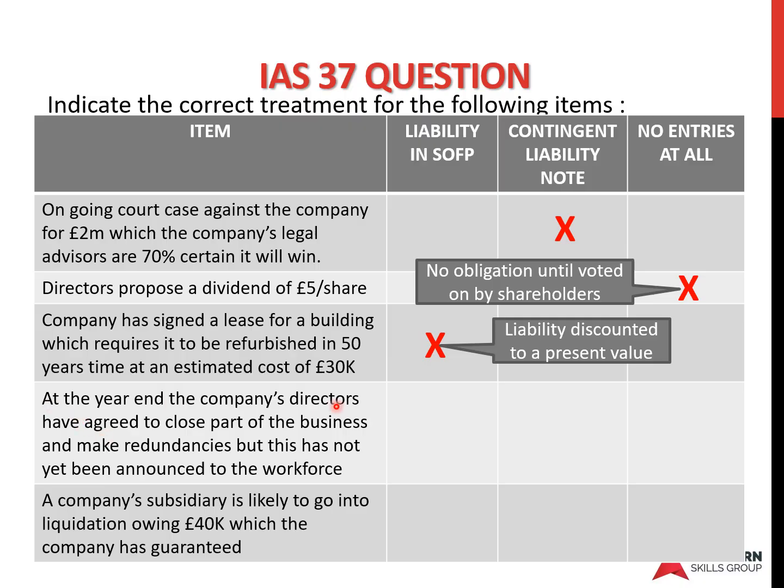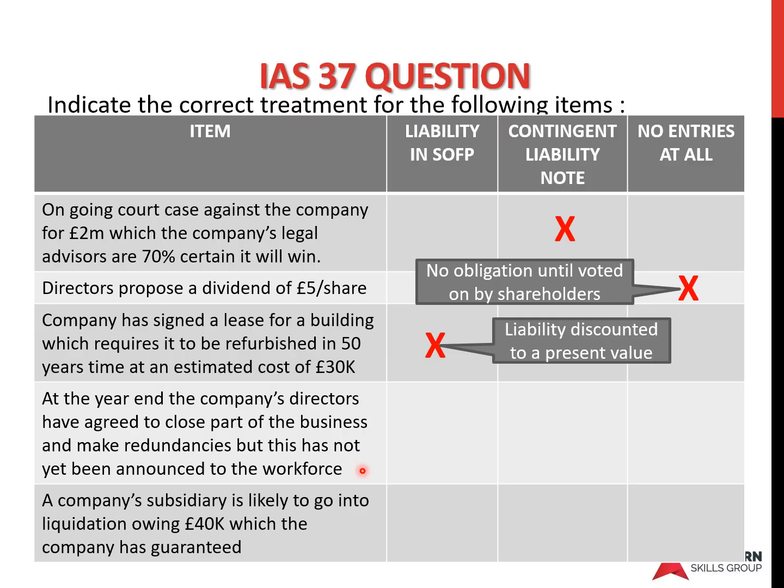The fourth item, the company's directors have agreed in a meeting to close part of the business and make redundancies, but nobody's been told about that yet. And that's the key thing. There is no obligation to undertake that closure. There's no obligation to make those redundancies. It's just a proposal at the moment.